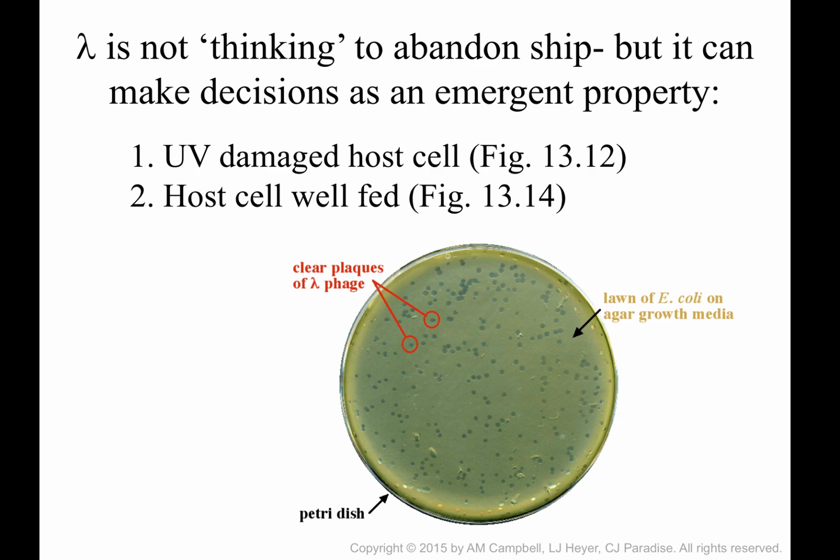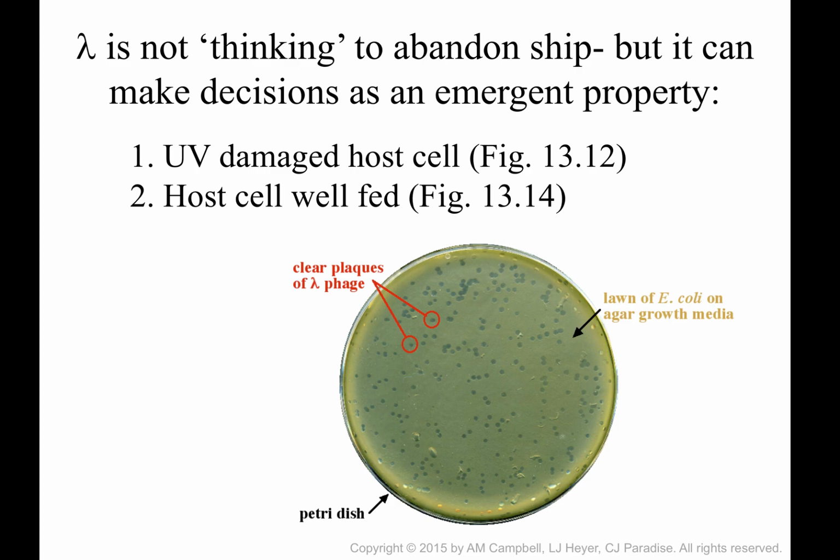If UV light is damaging the host cell, that's not a great situation for the virus either, because that UV light is probably damaging the host genome, and the virus is part of that host genome. It doesn't want to get damaged, so it's good to leave in that case. So UV light can stimulate a pathway that'll cause the virus to replicate and then leave and find a new cell.